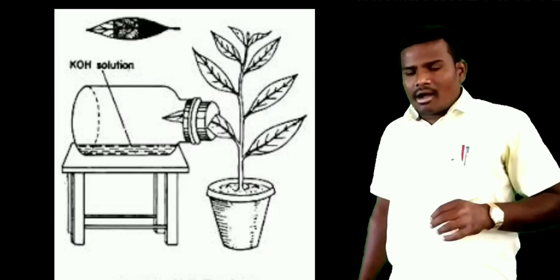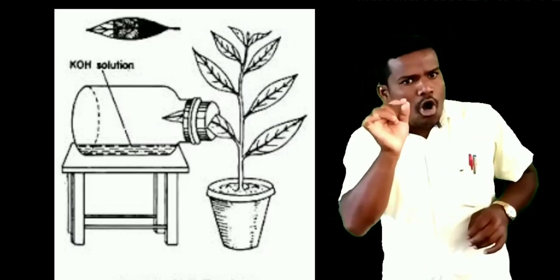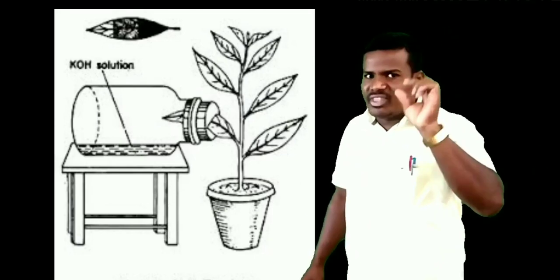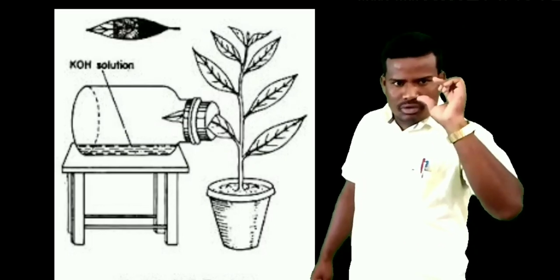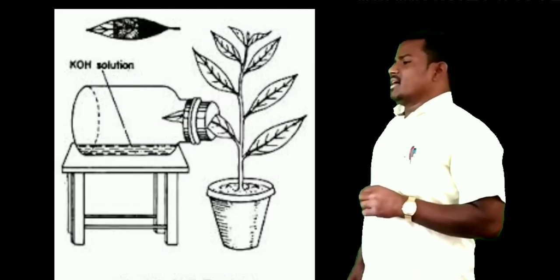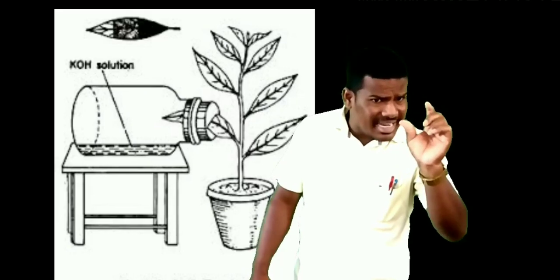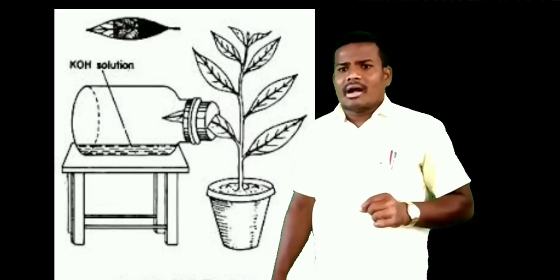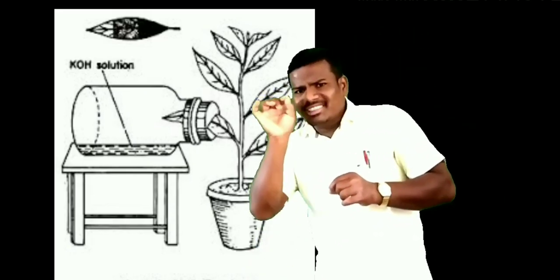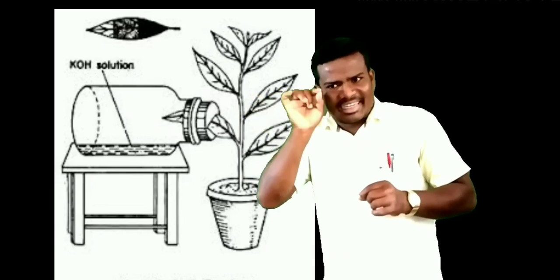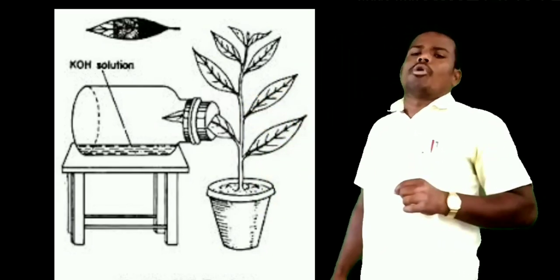Next, arrange a vertically split cork at the mouth of the bottle. Then select one of the de-starched leaves from the plant and insert it into the bottle.